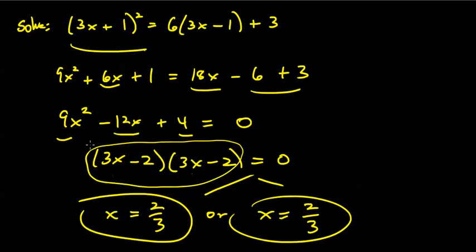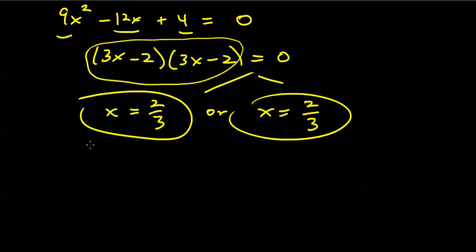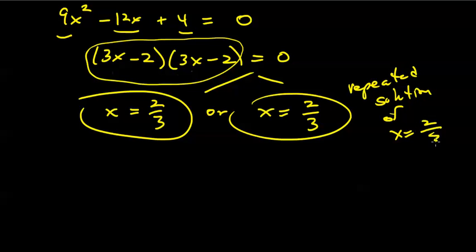Depending on what book you read, some books call this a repeated solution. I think our book calls it a repeated solution. Sometimes you'll call it a double solution. Some books call it a double root, repeated root, whatever. Our book calls this a repeated solution of x equals 2/3.